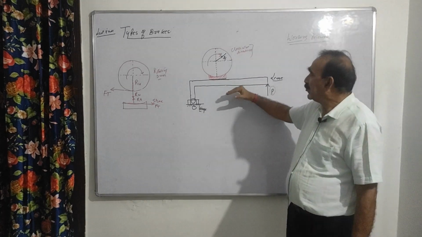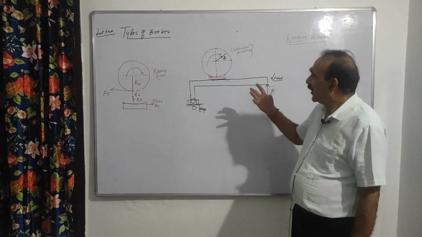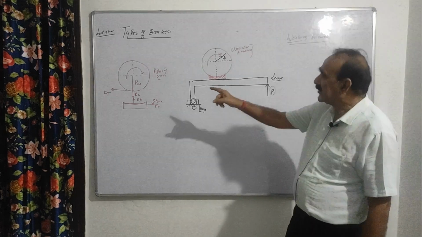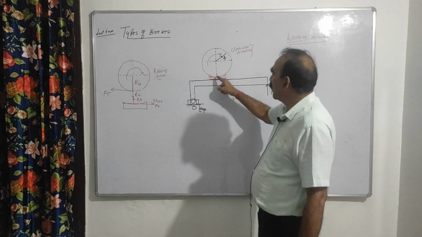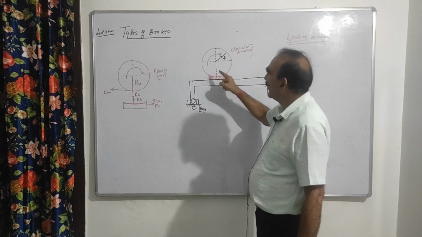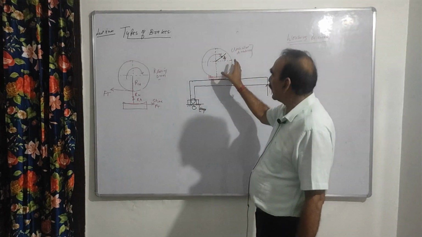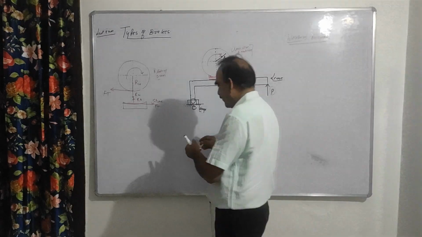Here, a frictional force develops between the shoe and the rotating drum, and that frictional force, as I have already told you, acts on the drum in the opposite direction of the rotation. If the rotation is clockwise, the frictional force on it will be in the opposite direction.